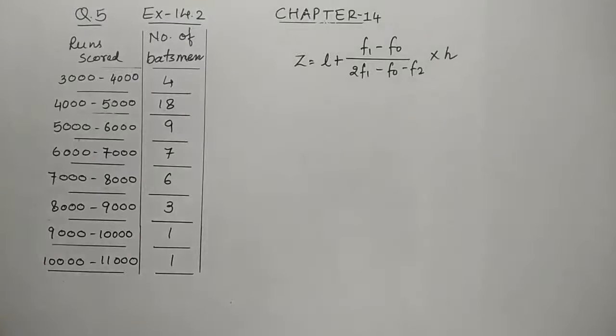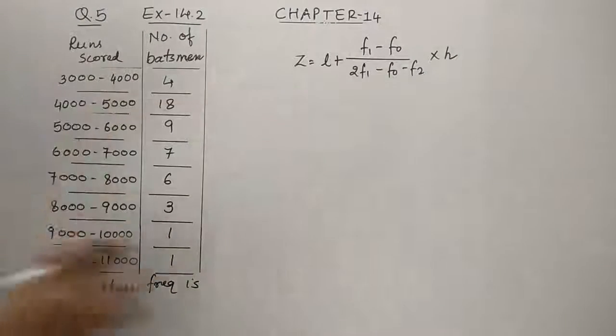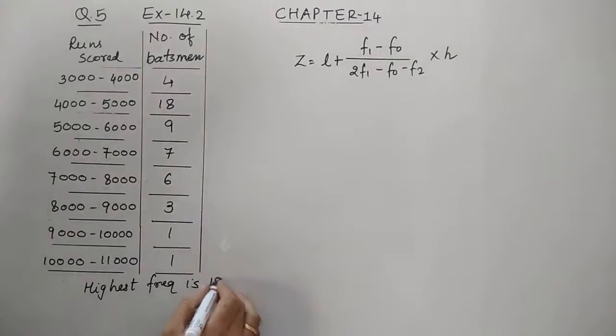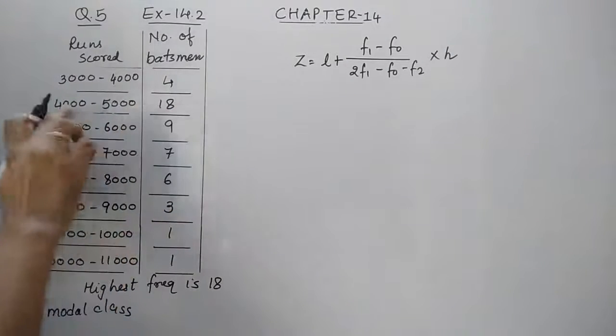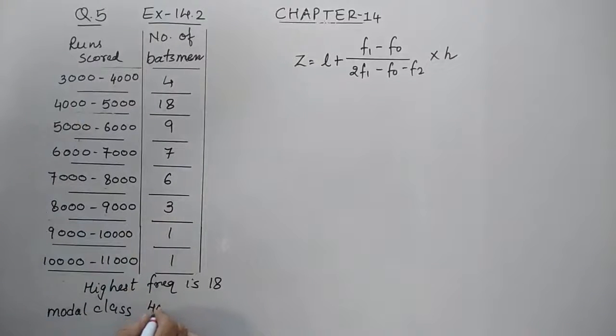Again, first we need to find the highest frequency and the modal class. The highest frequency of this table is 18, so the modal class is 4000 to 5000.